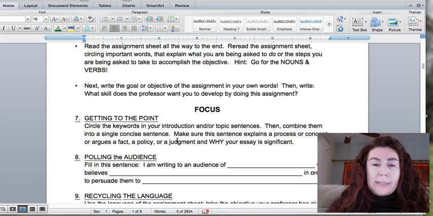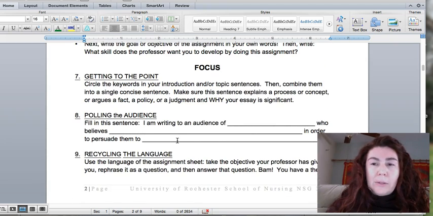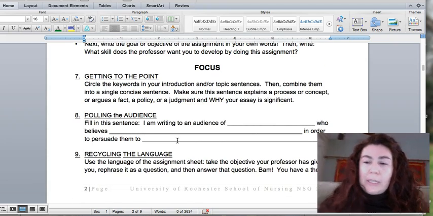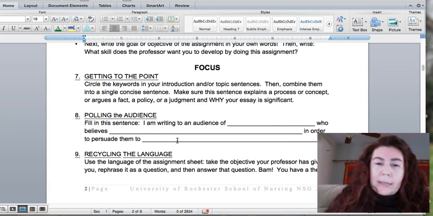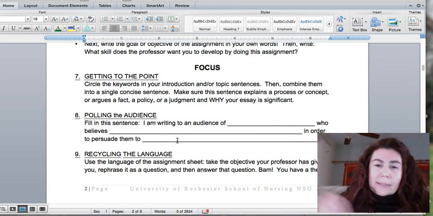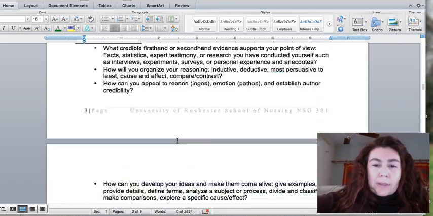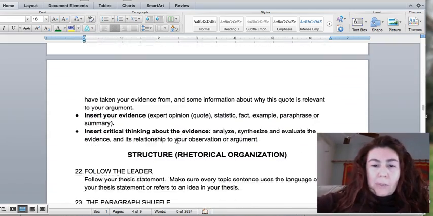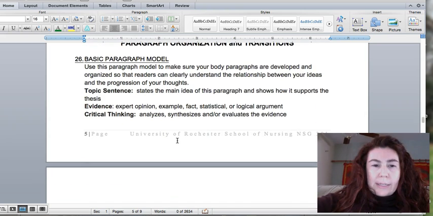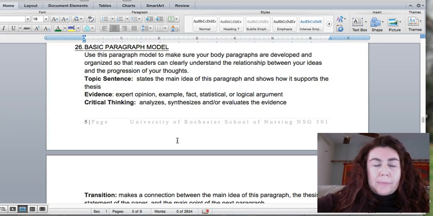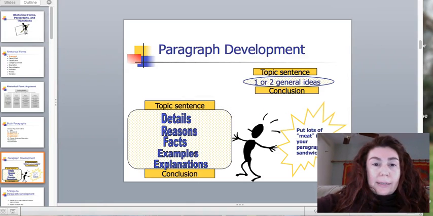It's organized into different areas according to the hierarchy of concerns, which you're going to hear about next week. And one of the sections in the hierarchy of concerns is paragraph organization. And there's something called the basic paragraph model. And we're going to be talking about this in greater detail today.